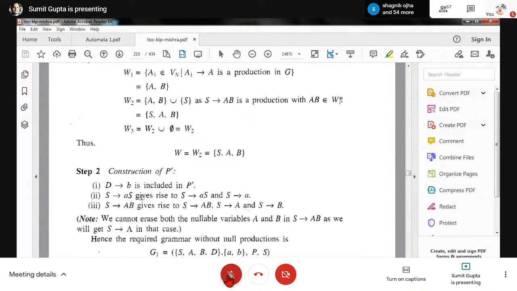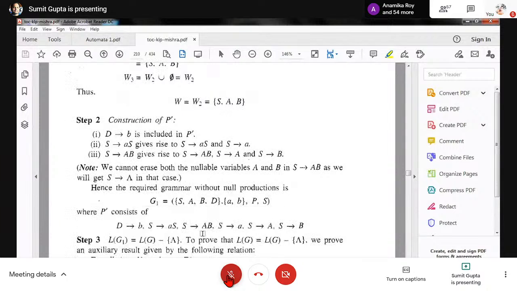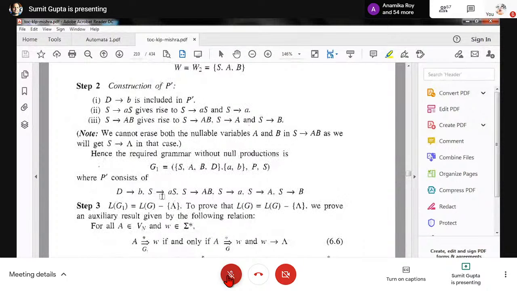If we apply A gives null, we will be having S gives B. If we apply B gives null, we will be having S gives A. So this S gives AB will actually give rise to S gives AB, S gives A, and S gives B. So now these new productions, there is P dash, would comprise of S gives AS, S gives AB, S gives A, S gives B. This is the new grammar after removal of null productions.